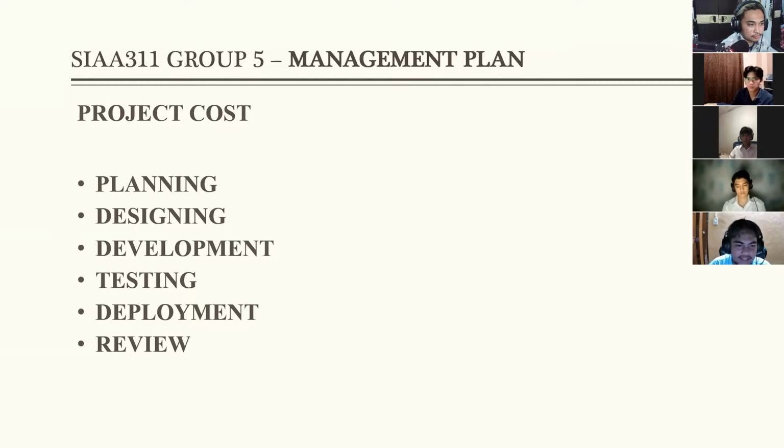Project cost, the planning. Planning will have a budget total of around 1,500 pesos, which includes the workers for all project team members for gathering requirements and planning the project. Designing will have a budget total of 5,000 pesos.